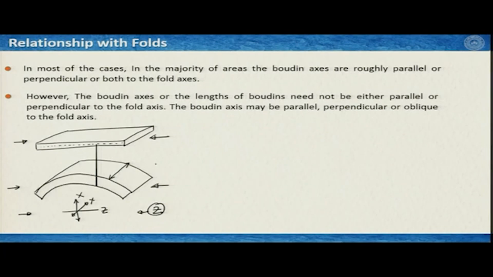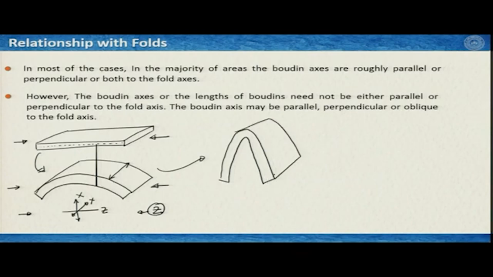Now, with further deformation, if we assume it to the next stage, then the fold would produce a tighter fold, and then we will see very nicely that the orientations are the same.